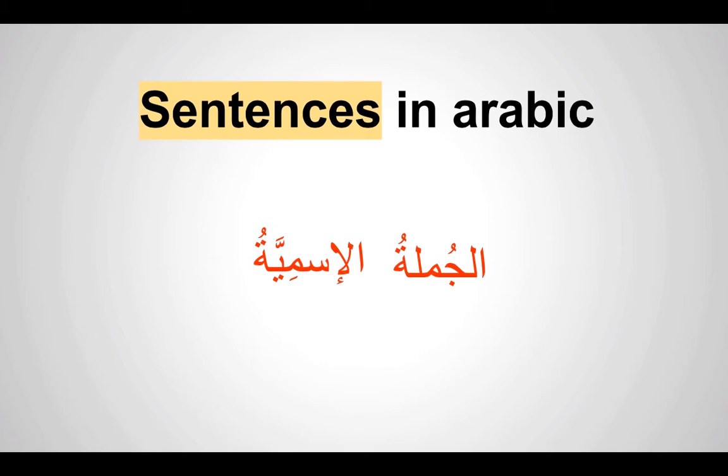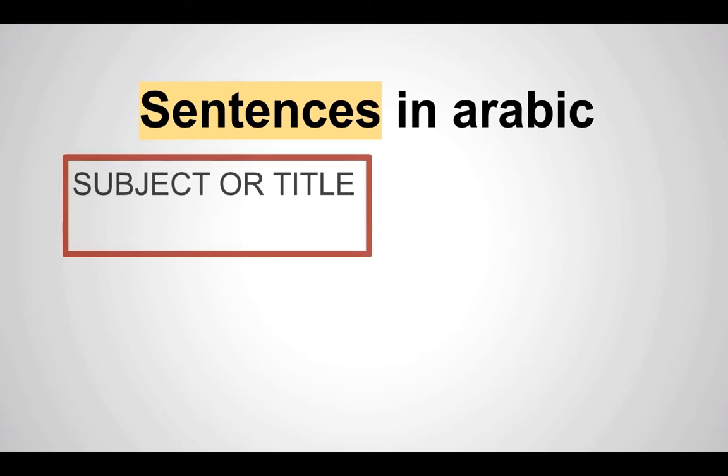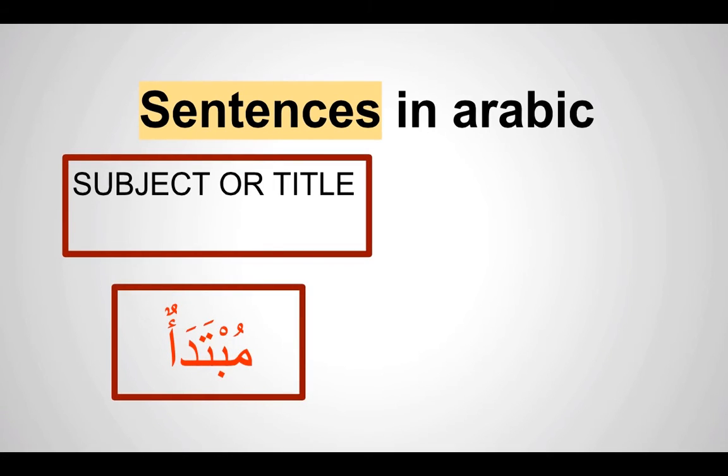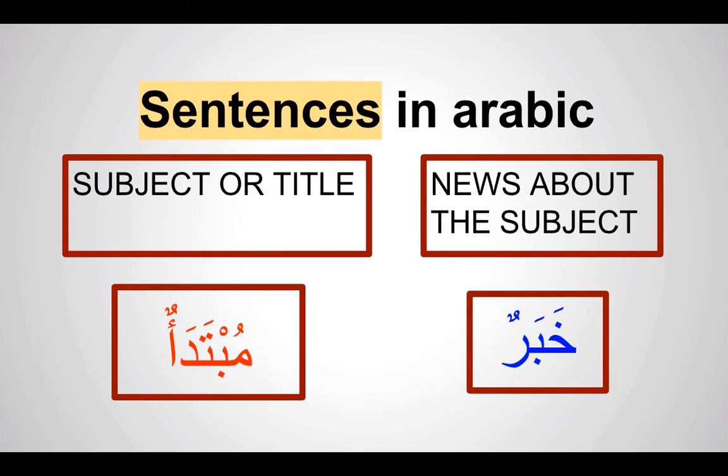We are doing mainly Jumlatul Ismiya, and we will learn Jumlatul Fi'liya as well, inshallah. In Jumlatul Ismiya, we're looking for a subject, which we call the Mubtada, and what the news is about that Mubtada, what is happening, which is called the khabar.